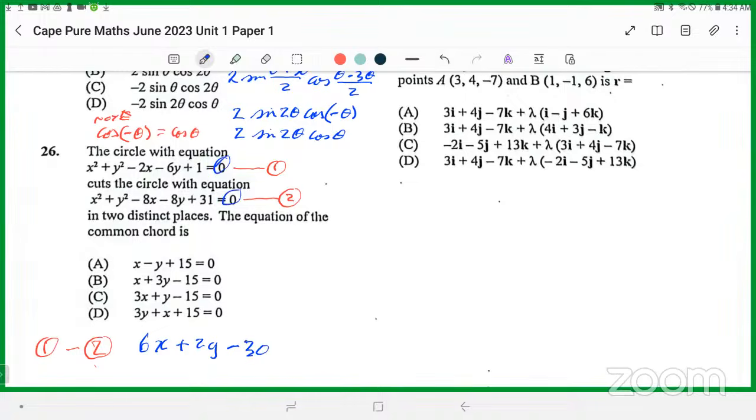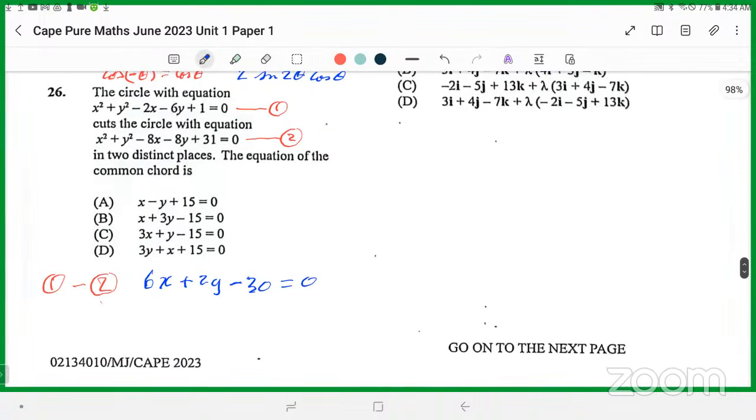And then 0 minus 0 is just 0. And you divide this through by 2, you're going to get 3x plus y minus 15 equals 0. 3x plus y minus 15. See it here? This one.